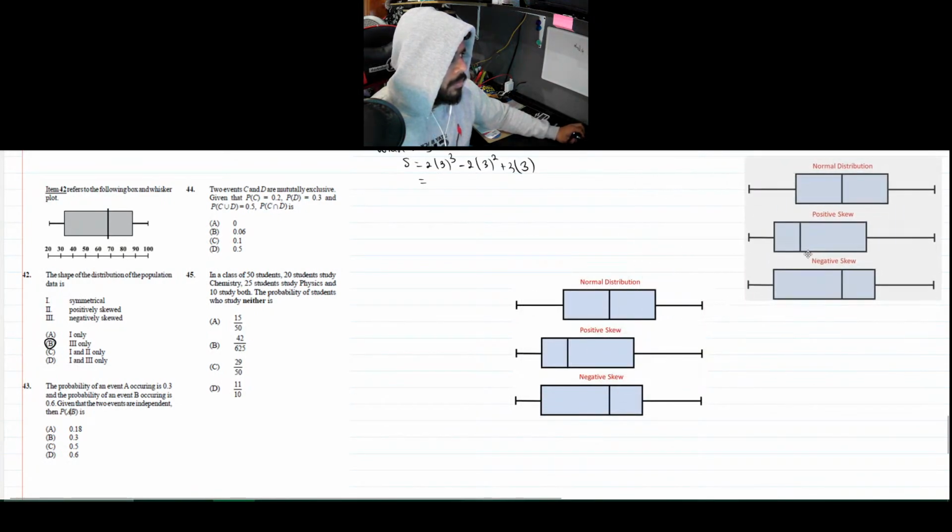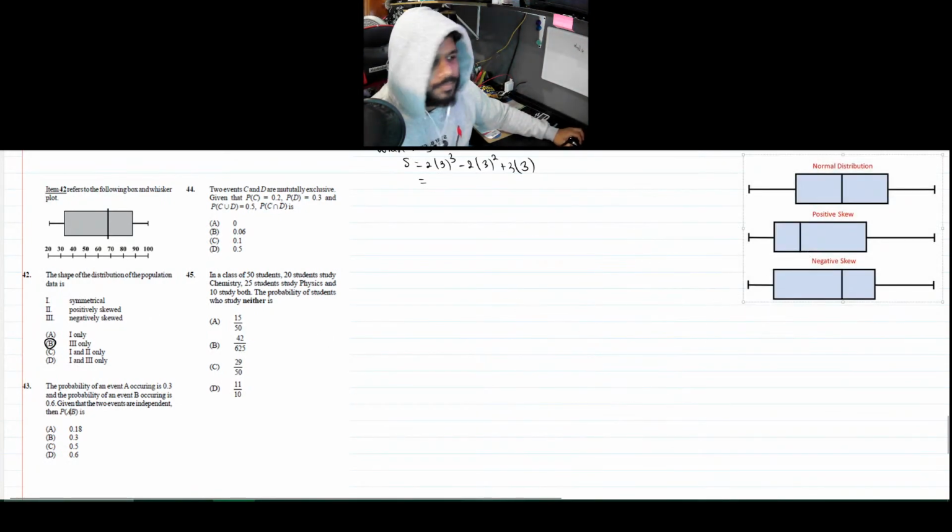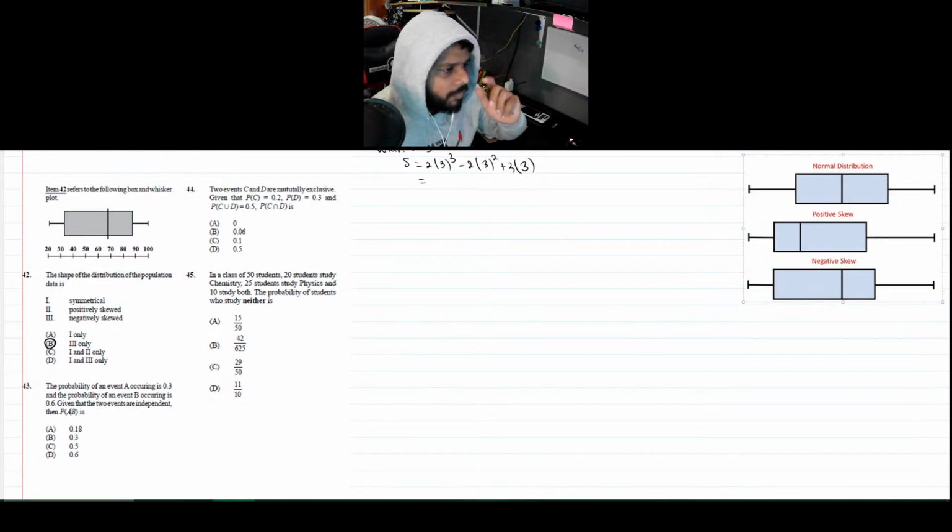Again, probability is not my strong point, right? The probability of event A occurring is 0.3, and the probability of event B occurring is 0.6.